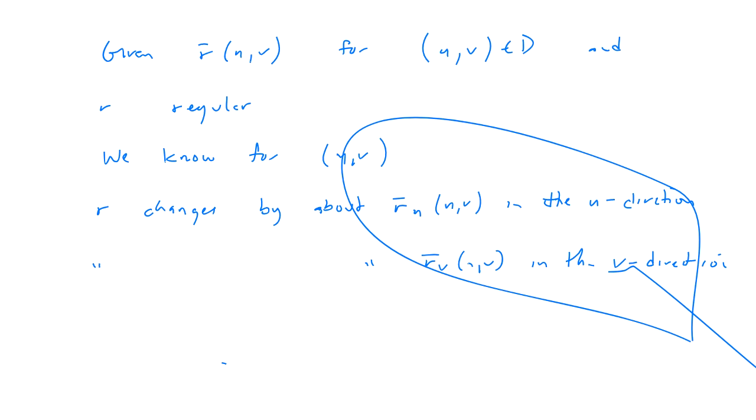So R changes by about R_u and R_v, the derivative with respect to u and the derivative with respect to v. We can assume for small changes, this is about a parallel.